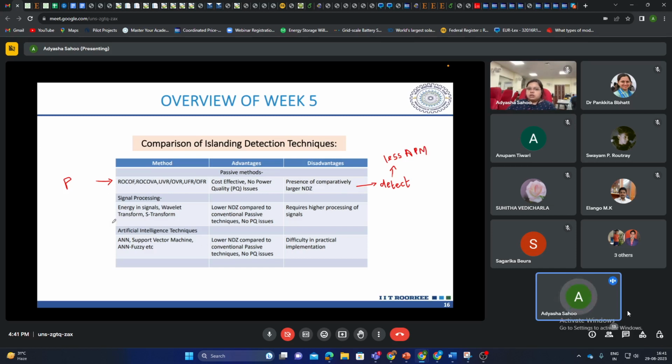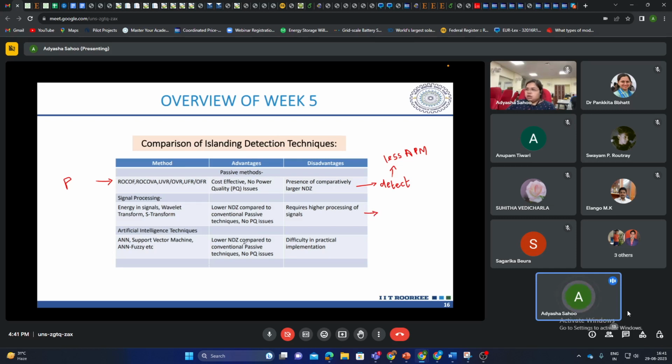Then the signal processing based methods had lower non-detection zones compared to the passive methods, but they required high processing. Then we had the latest AI based techniques.